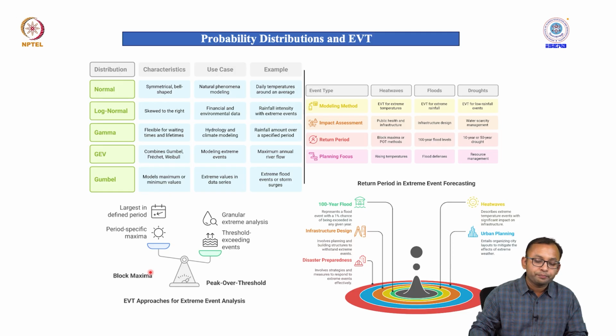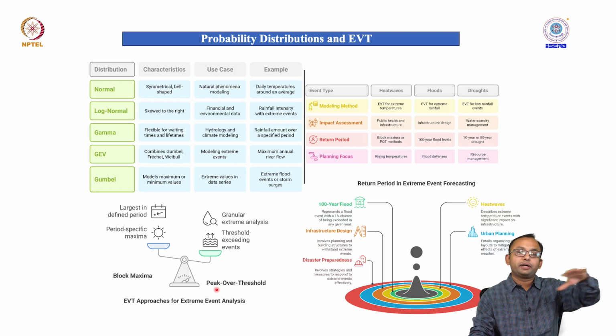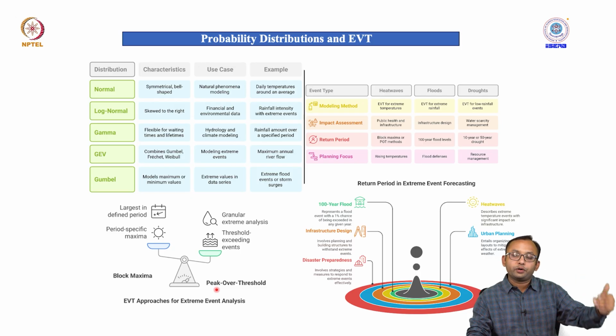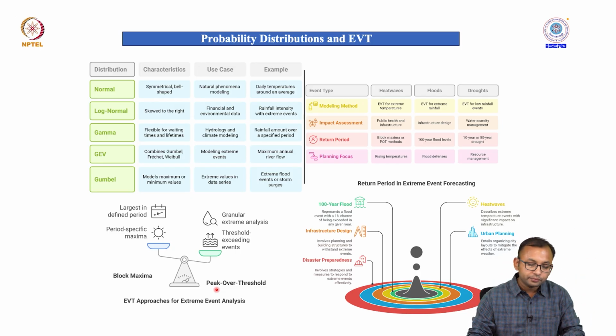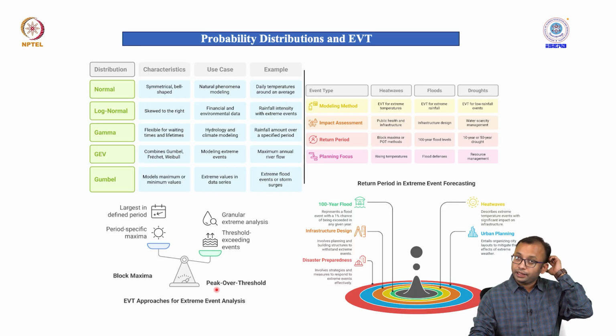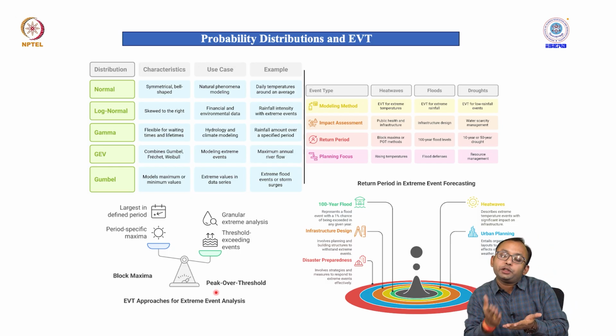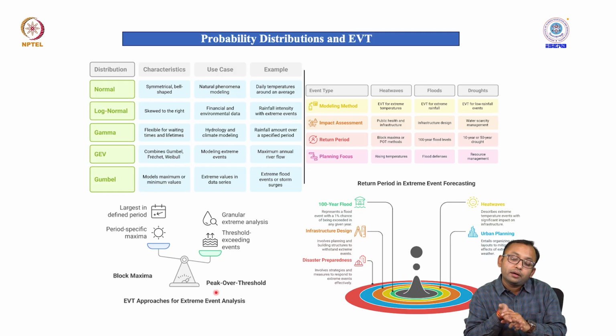That is called block maxima. Then there is another approach, peak over threshold, where you define a particular threshold and say that crossing above that threshold will be considered a flood. It is possible that in one year you have multiple floods crossing above the threshold. It is also possible that on subsequent dates you have floods crossing above that threshold, but that will not tell you whether these two events are independent or dependent.